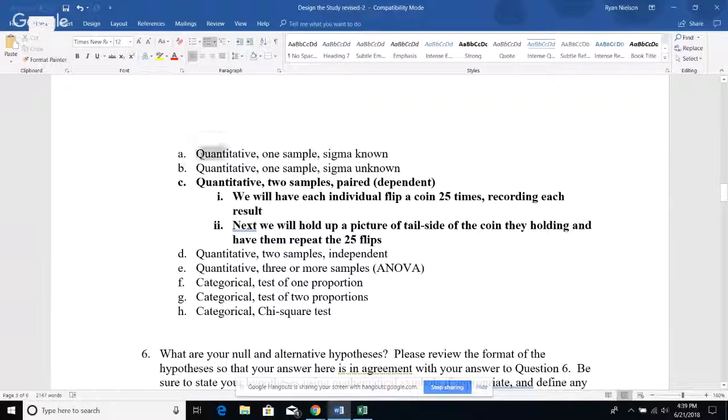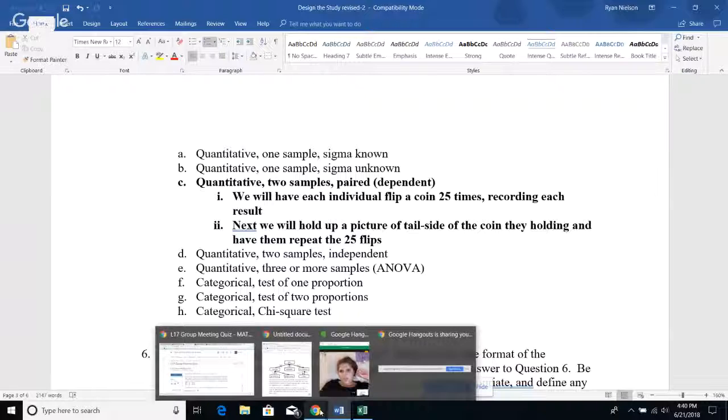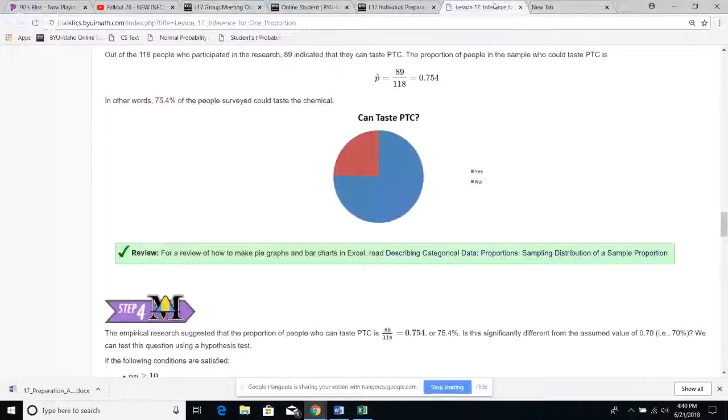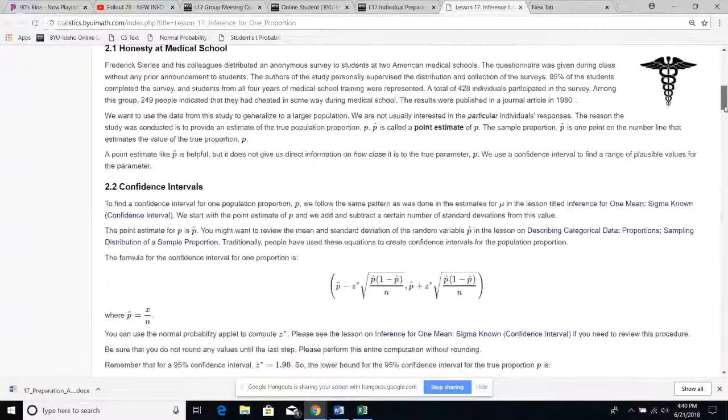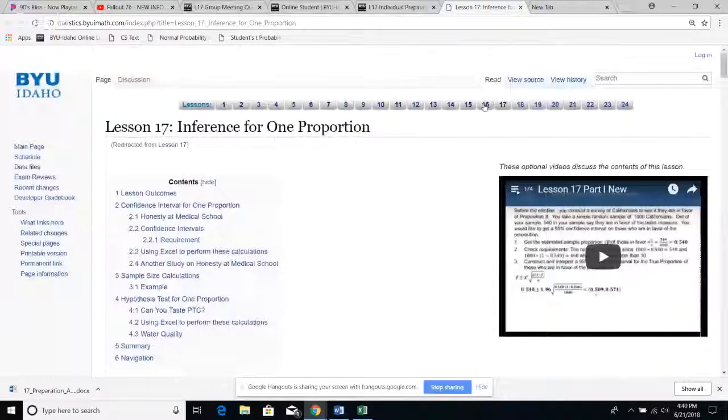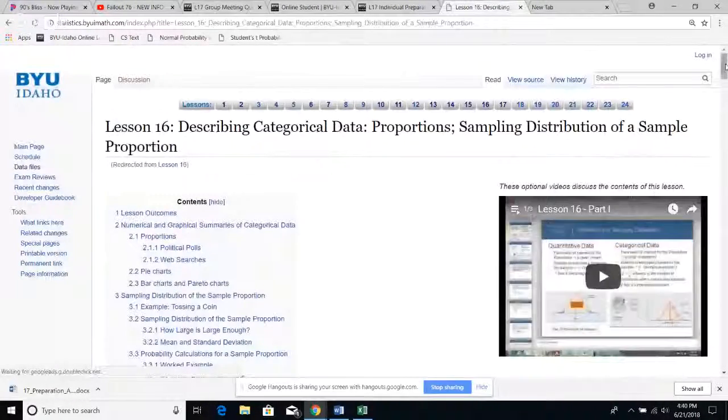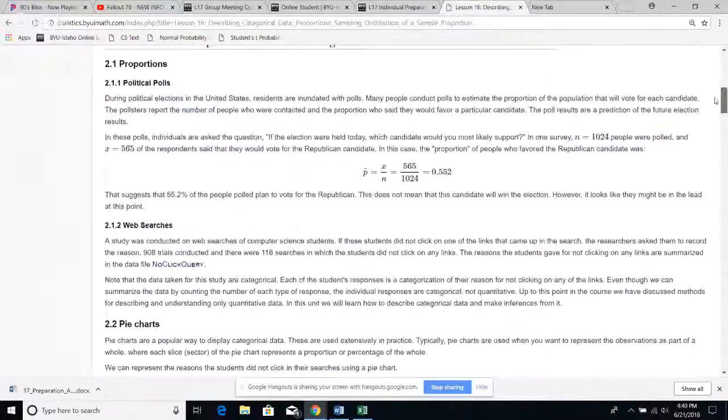So when we're dealing with probabilities, what's something that's unique about that? Find it in lesson 16. So let's go to lesson 16. Okay.